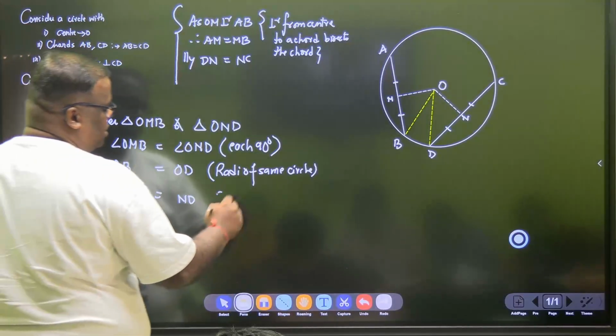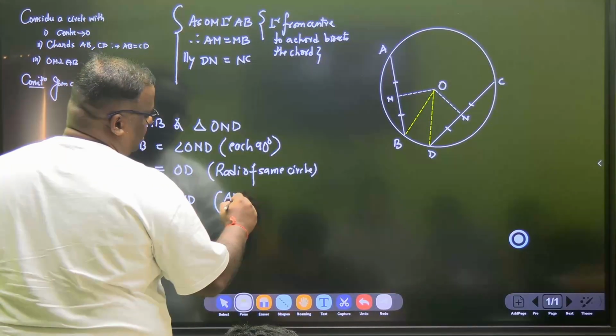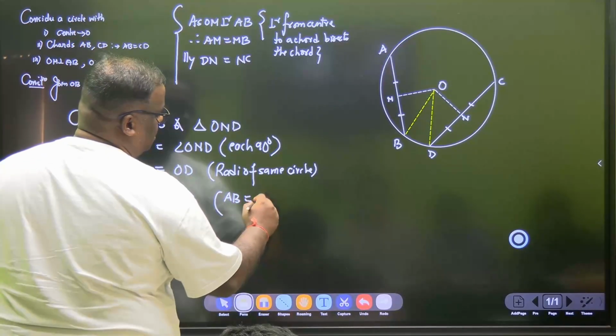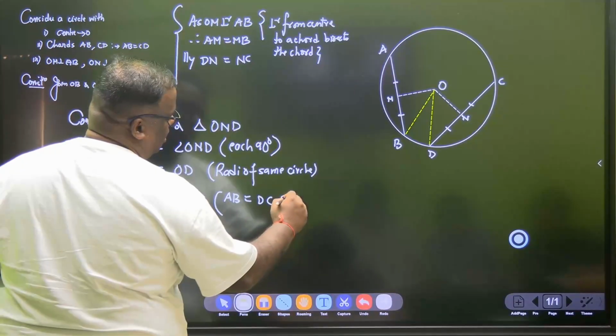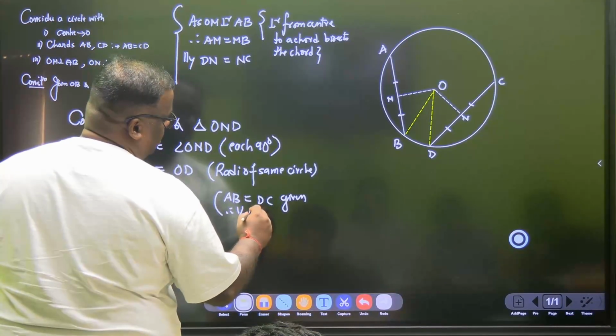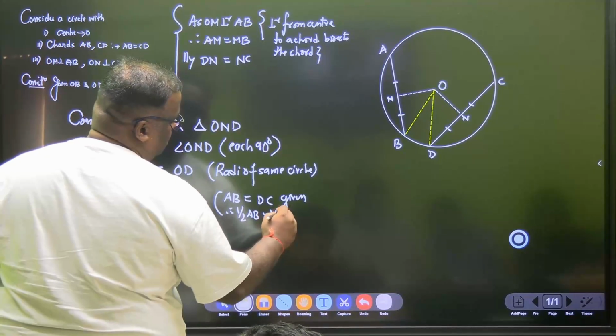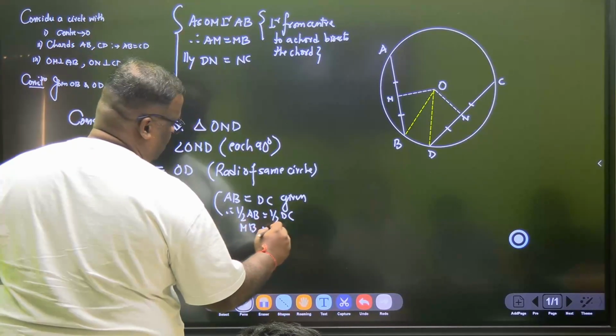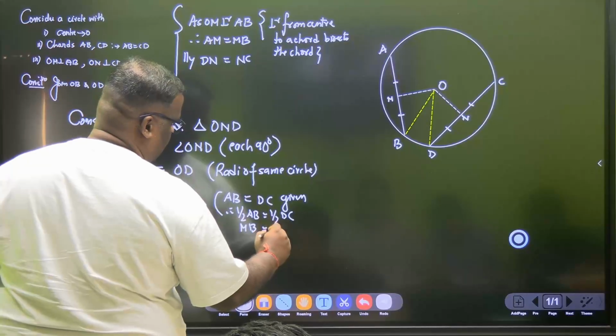The reason for this, I'm writing AB is equal to DC. This was given. Therefore, half AB must be equal to half DC. Half of AB is MB, which should be equal to ND.